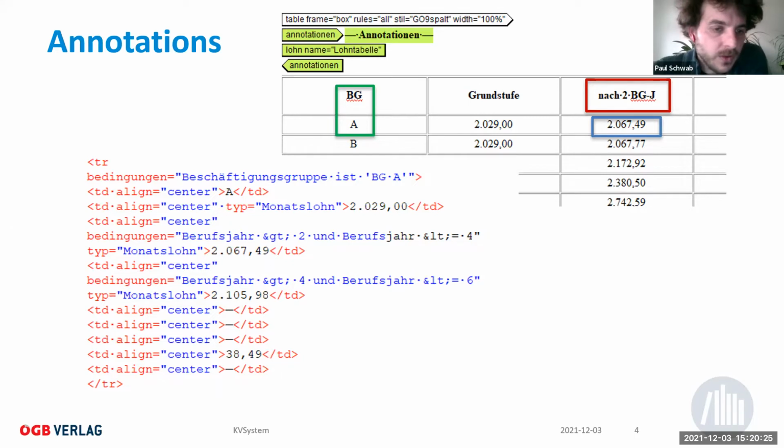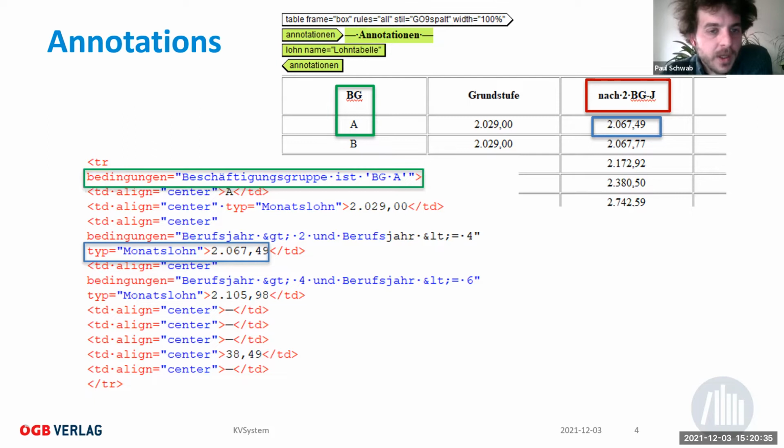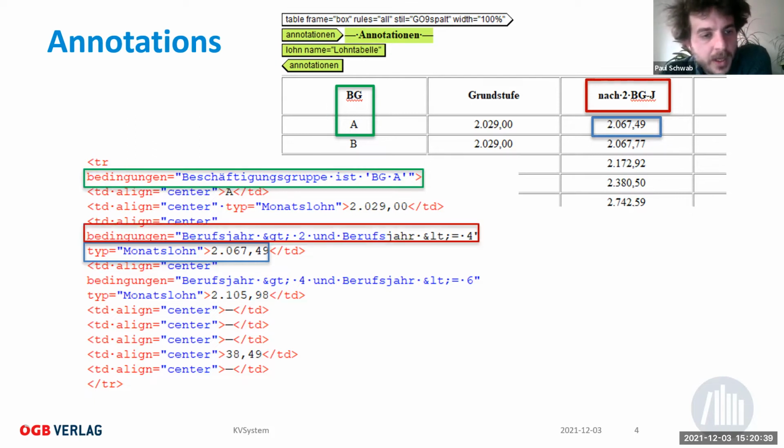So in the source code, we say, okay, it's a monthly based wage, because somewhere else in the collective agreement it's defined. Then also that it's part of the wage group A, and from 2 years up to 4 years.